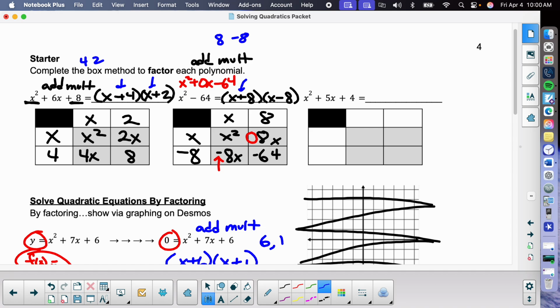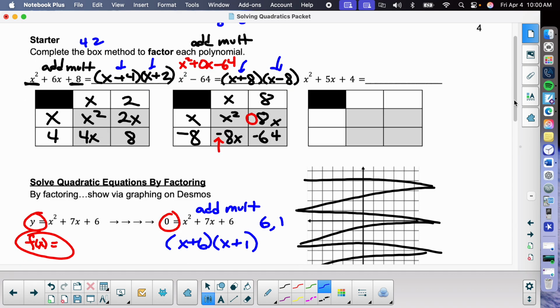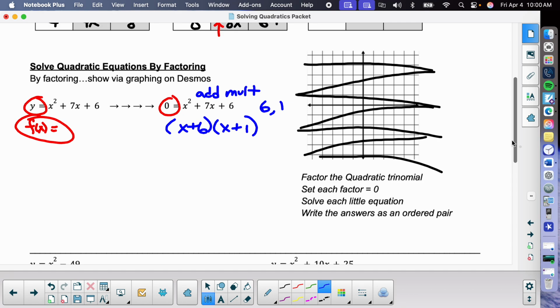That's the two numbers in the parentheses. So I call it the quick method of factoring because it basically skips the boxes. But if the boxes help you organize your thoughts, use the boxes. I'm mainly saying it because I'm okay with you just writing the answer, because some of this you can do in your head.